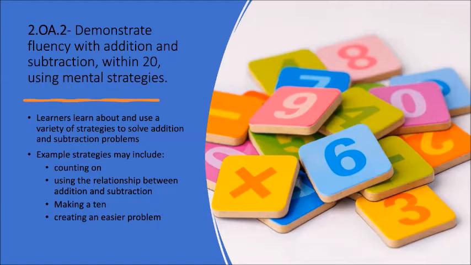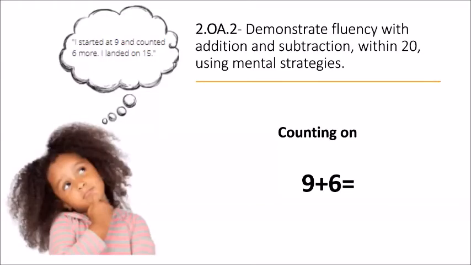So let me give you a couple of examples of each one of these mental strategies that learners should be able to use while performing this standard. So the first strategy that was mentioned was counting on. So let's say, for instance, we gave the learner the equation 9 plus 6.